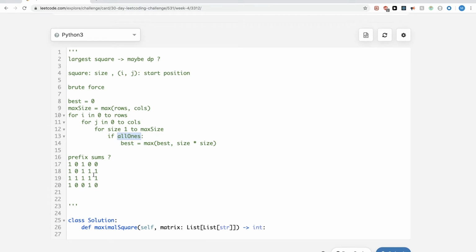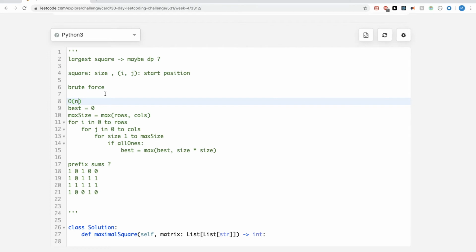So if we know that this is equal to this, then by doing just prefix sum calculations, we will be able to tell this part in O of 1 time.